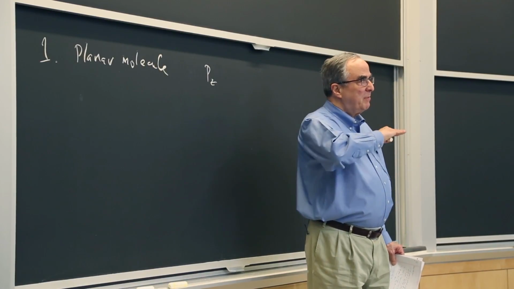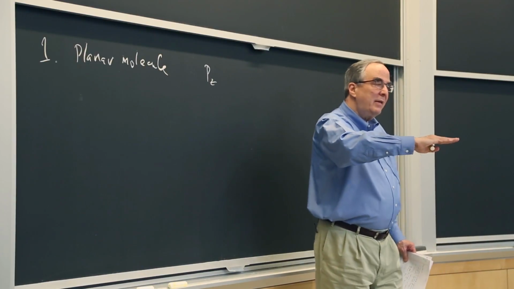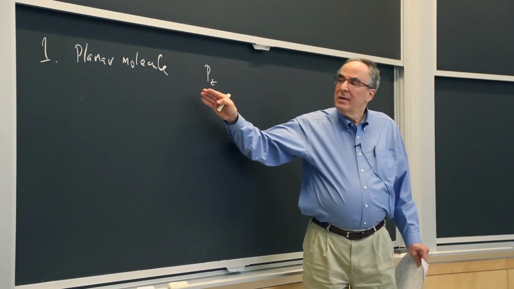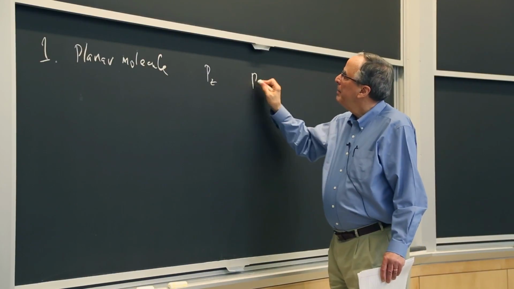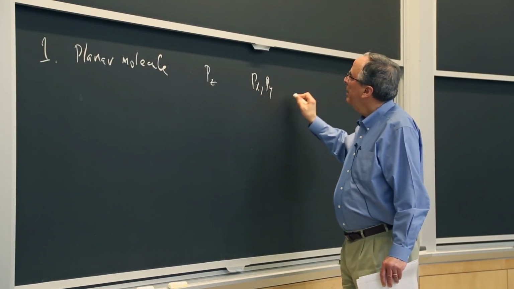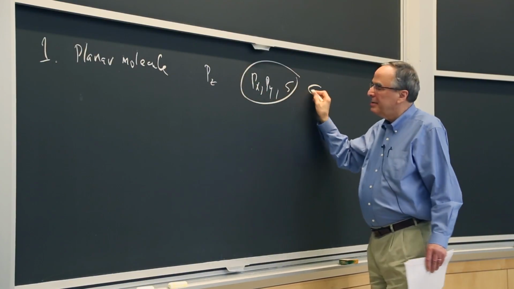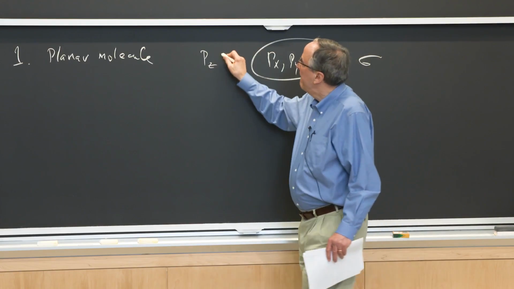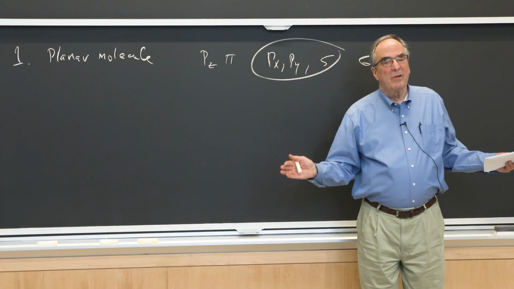Pi bonds are bonds where there is one plane of symmetry containing the bond. And then there are px and py and s, and these give rise to sigma bonds. So we have pi bonds and sigma bonds. Never the twain shall meet.